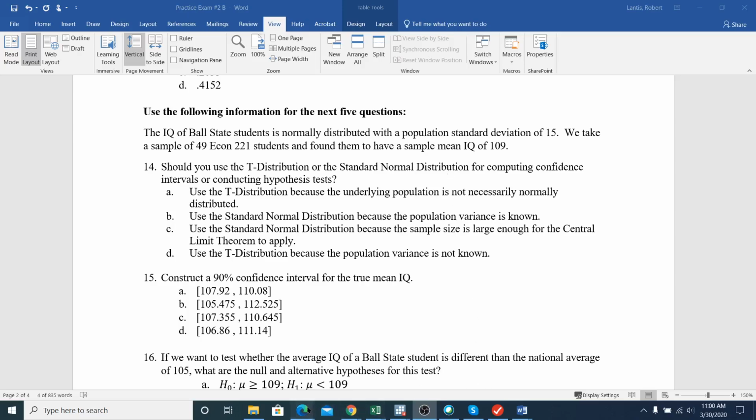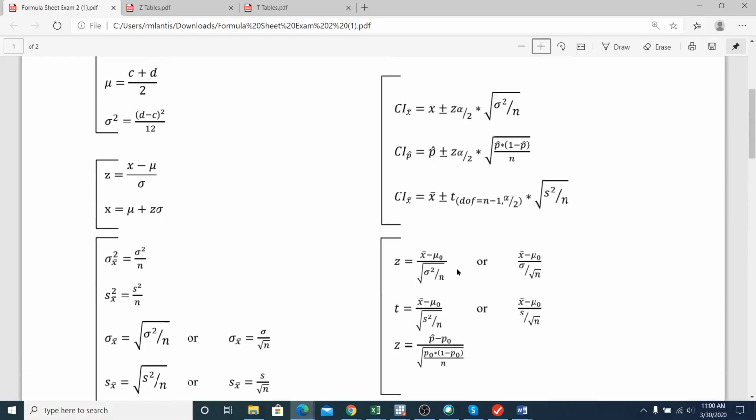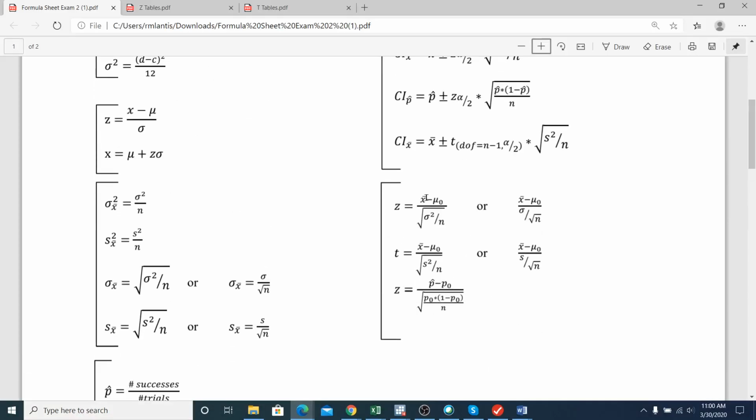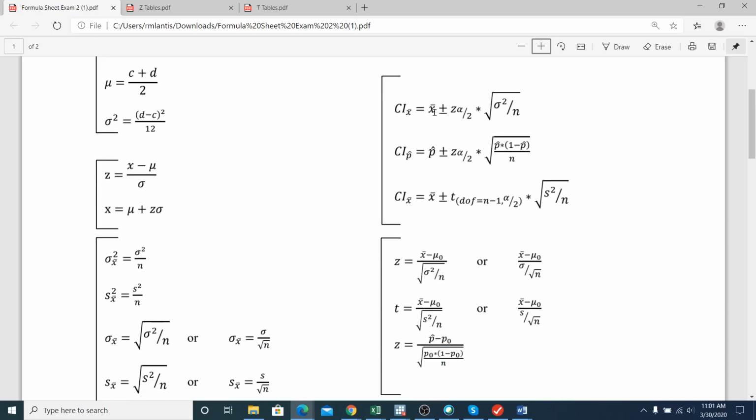Well, if we go to the formula sheet, it reminds us of this. If I look at either my confidence interval or my test statistic equation, notice when I have a sample mean, I have two scenarios. I either know the population variance or I only have the sample variance. We were given a population standard deviation, so if we wanted the population variance, all we would have to do is square that.